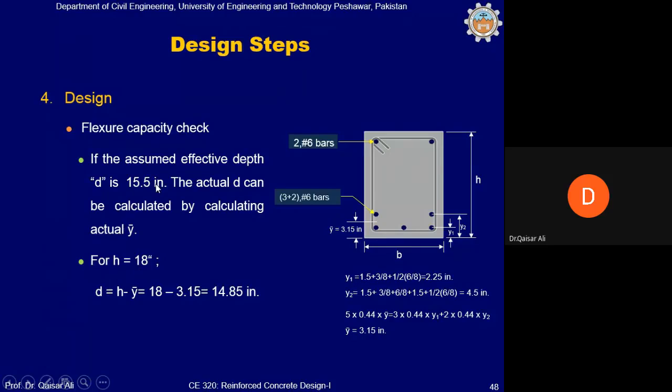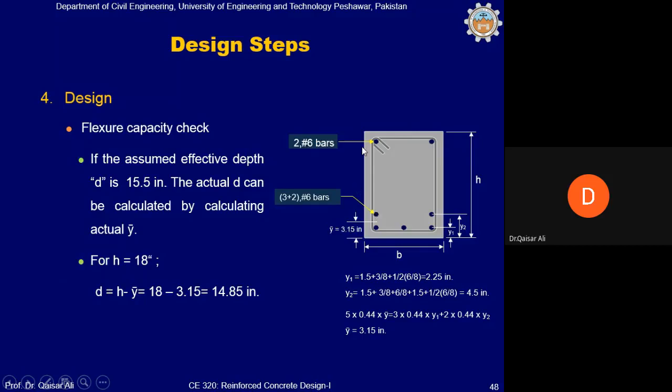Initially, we will assume some effective depth of the beam because we do not know the area of steel in the beginning. You know that effective depth is the distance from top of the beam to the centroid of the reinforcement placed. And since we do not know what the area of steel will be after the beam is designed, and whether it will be placed in one layer or 2 layers or 3 layers, we will not be in a position to exactly calculate the effective depth.